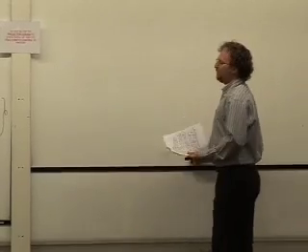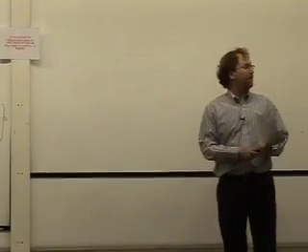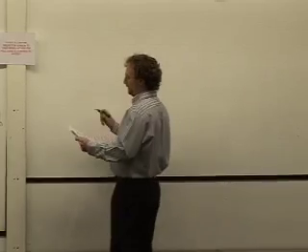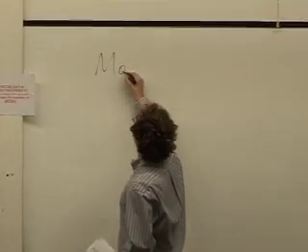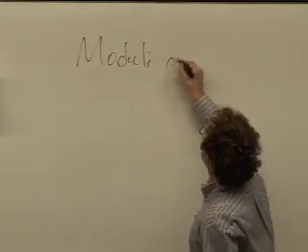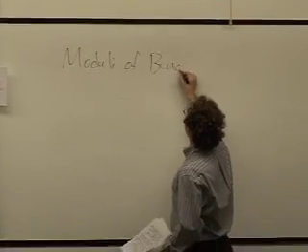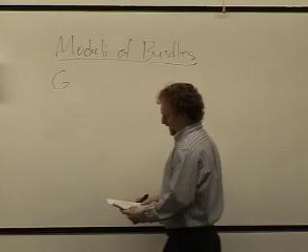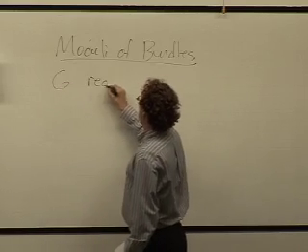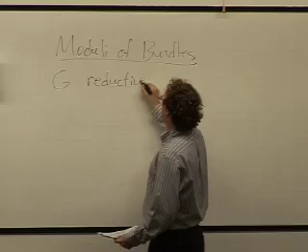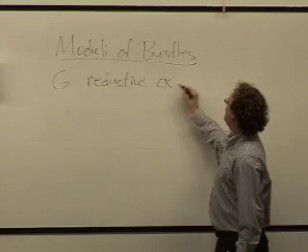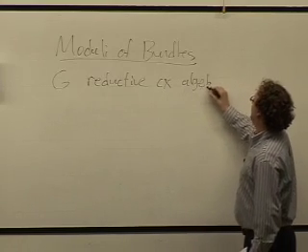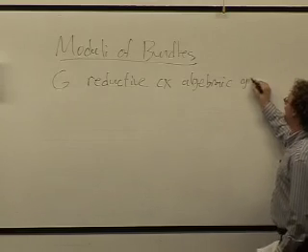Okay, so now we get to moduli spaces of bundles. So what's going to be our context? We're going to start with G, a reductive and complex algebraic group, a reductive group.